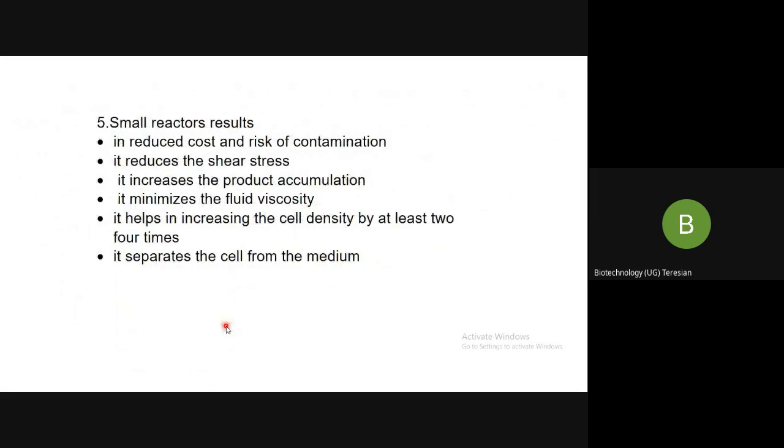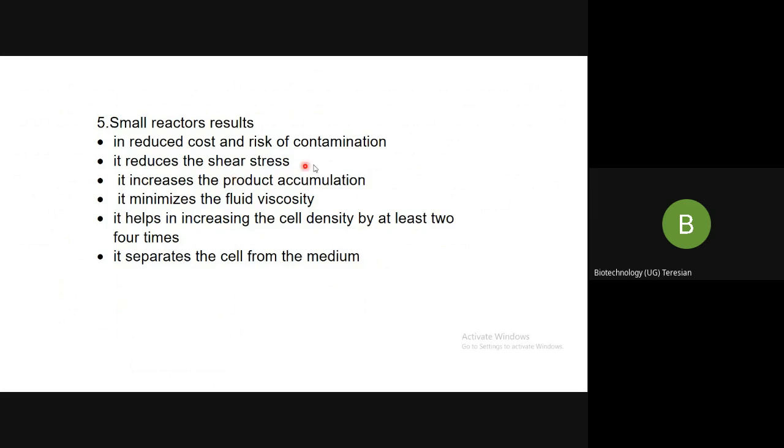And if your cells are in high density, you can use relatively small reactors, which results in reduced cost and risk of contamination. It reduces the shear stress. We told that suspension culture causes shear stress. What does shear stress mean? It is a force tending to cause deformation of your material.